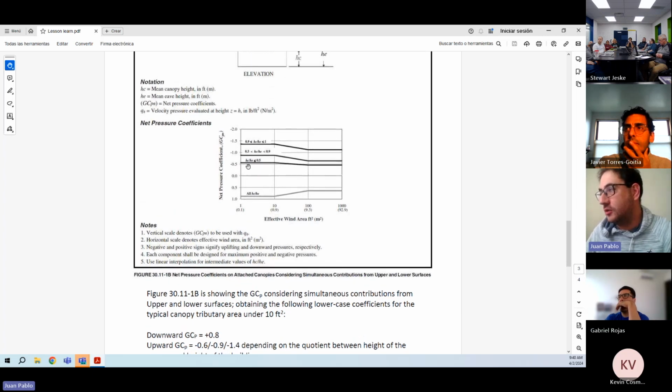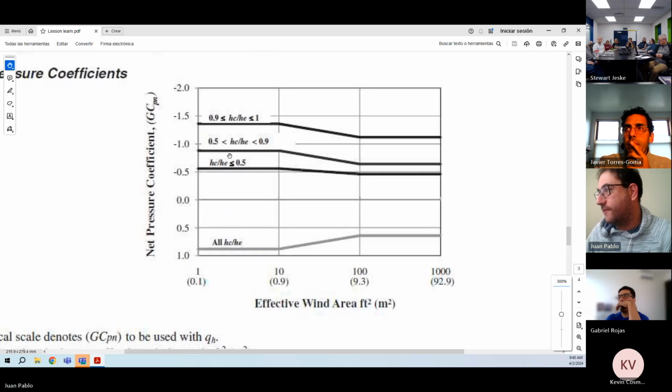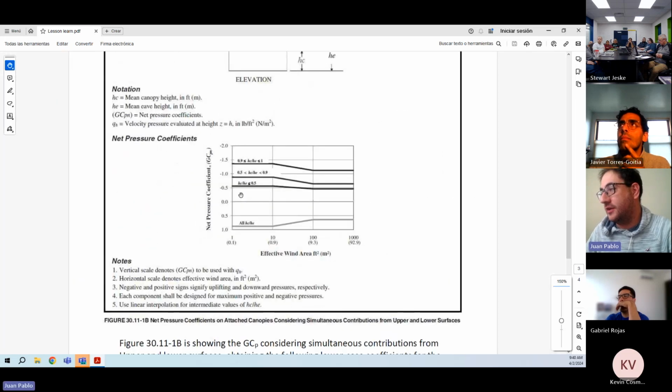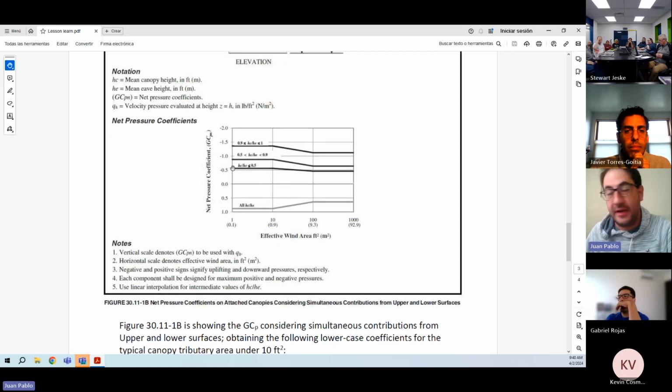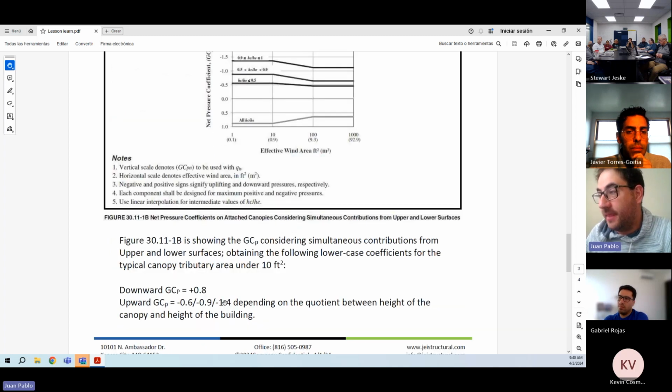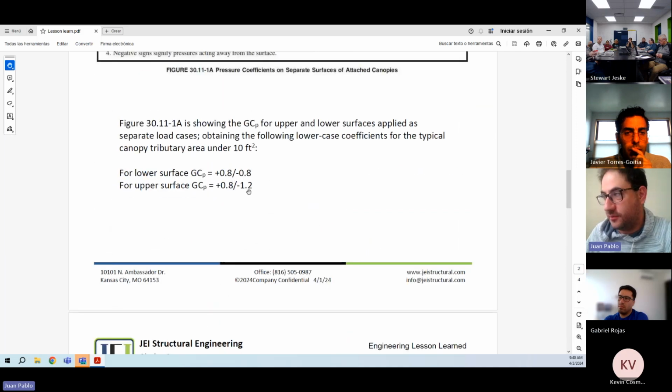But for suction loads, depending on the interaction between HC and HE, if it's 0.5 we have negative 0.6. If it's between 0.5 and 0.9, we have 0.9. But if it's between 0.9 and 1, we have a GCp value of 1.4. This gives us a lot of suction, bigger than this section.